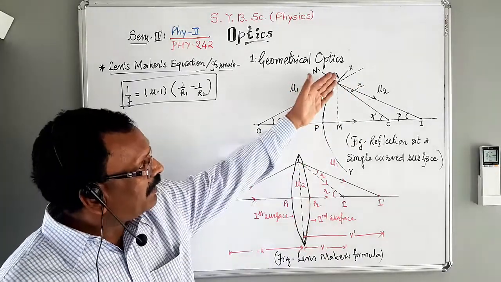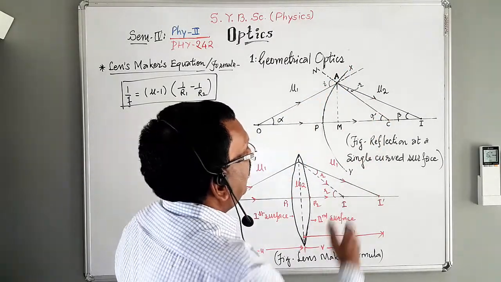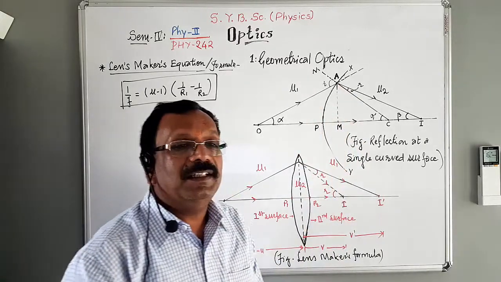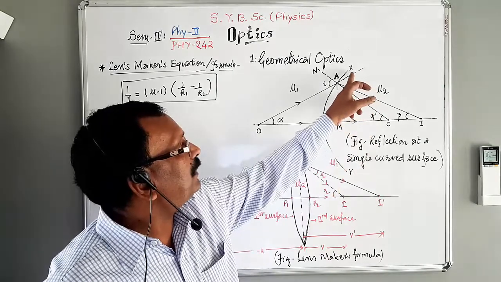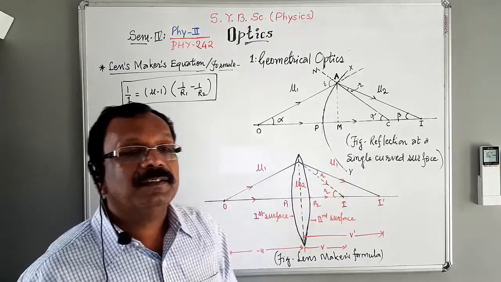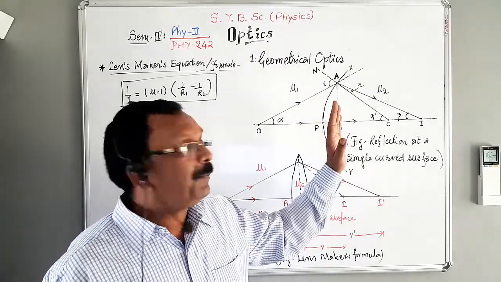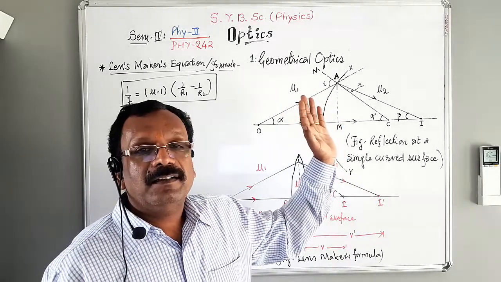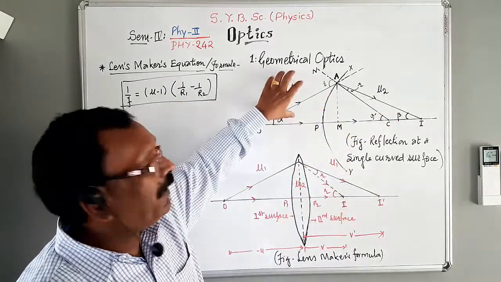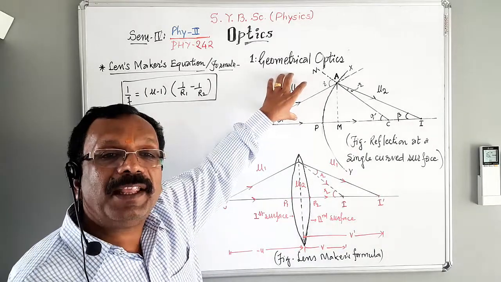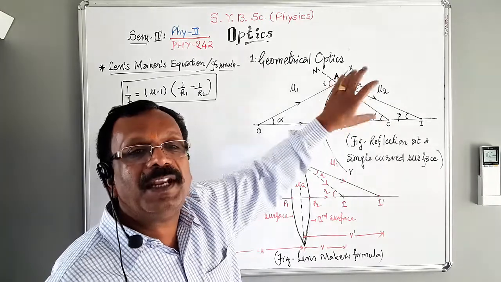Here we consider a single section XPY. XPY is the first surface only; we consider only a single curved surface, and this single curved surface is XPY. This single curved surface separates two media of absolute refractive indices mu1 and mu2. Refractive index mu1 is the refractive index of air, and refractive index mu2 is the refractive index of the material of the lens.